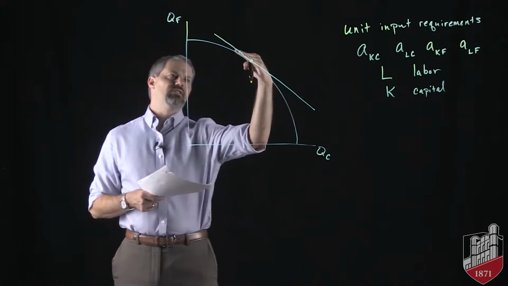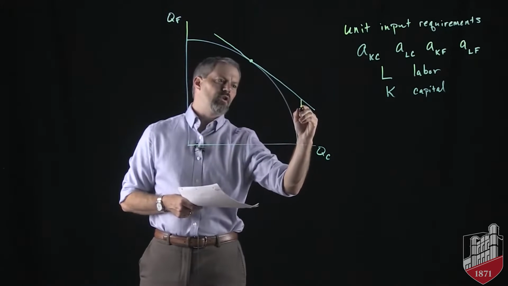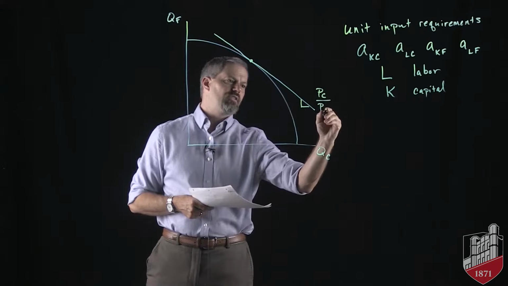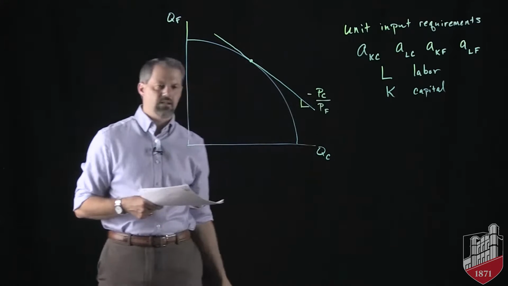And if the relative price changed, remember the slope of this thing is the price of cloth divided by the price of food. I'm going to put a negative sign there because it's negative.